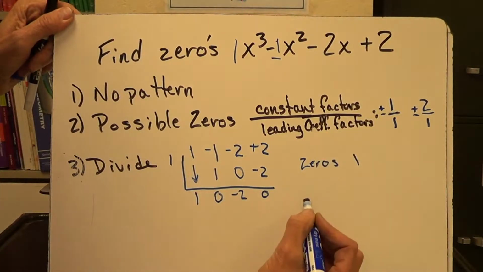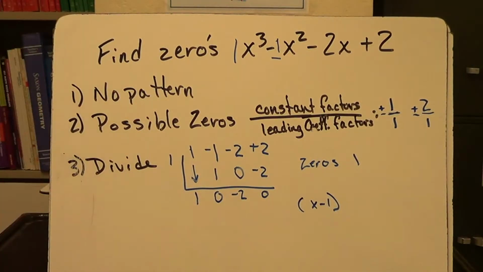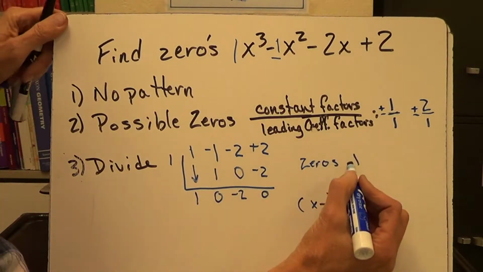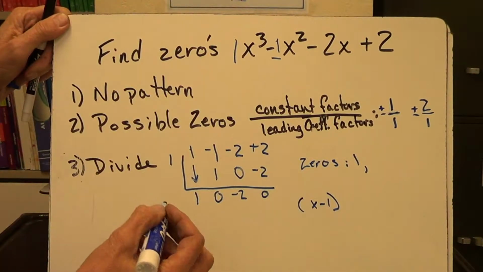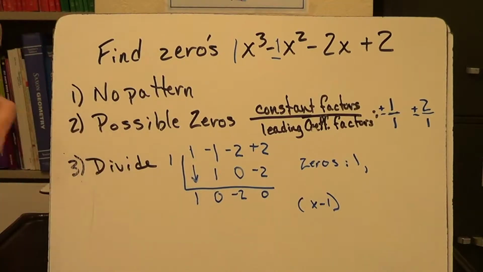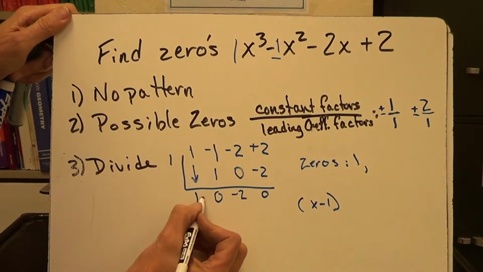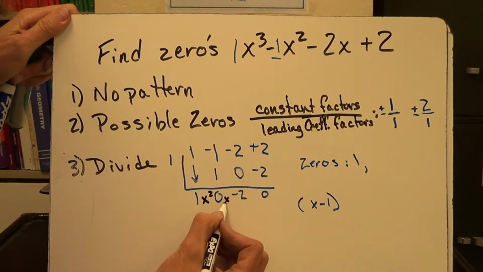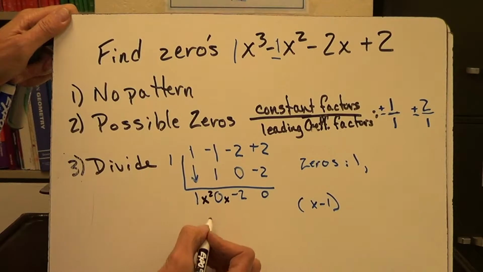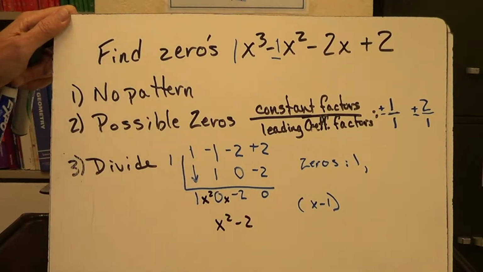Now that means that the factor is actually x minus 1, just in case you're getting confused with that. So one of the zeros is at +1. Going up the graph, it would cut through at +1. Now we come down and we say this was a cubic function, so this is a squared function. That would be the x, and that would be -2. So we have x squared minus 2.